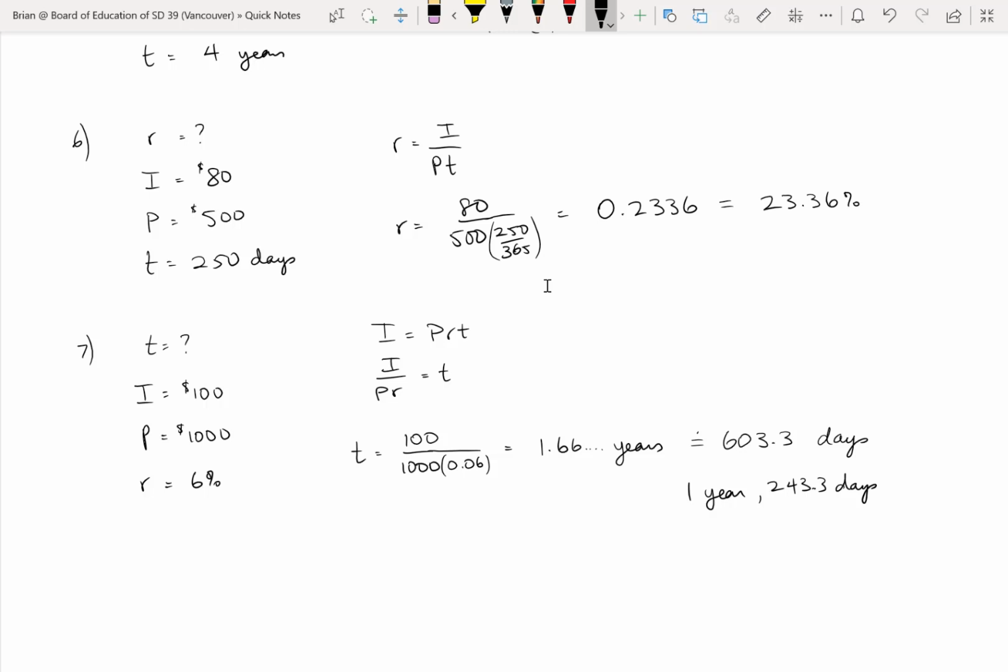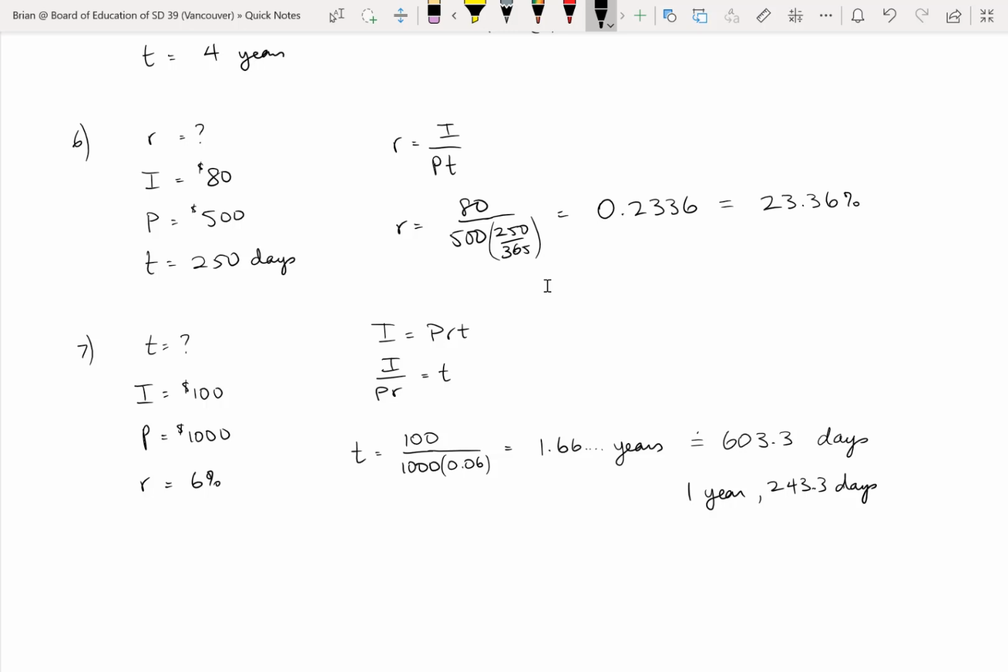So, in fact, if we wanted to really earn $100 and we were only getting 6%, and we invested $1,000, it actually wouldn't be enough to leave it in there for 1 year and 243 days. We'd have to leave it in there for the balance of that fractional part of the day. So in a lot of these calculations, you actually have to round up. And so you would have, instead of 1 year and 243.3 days, you'd have 1 year and 244 days.